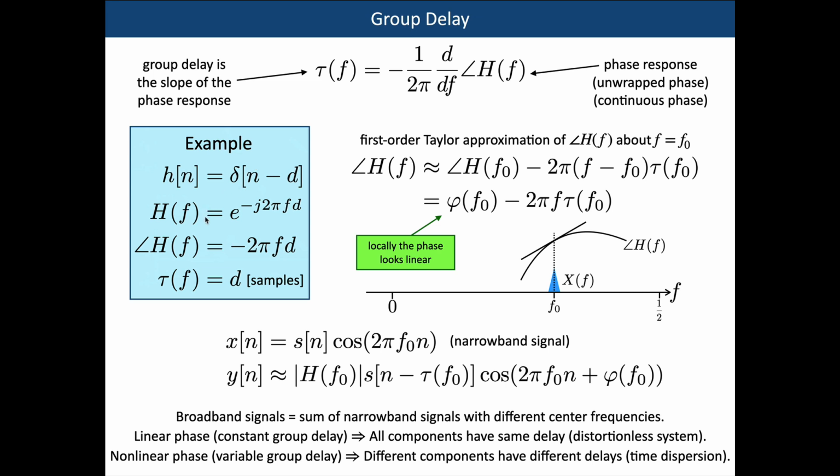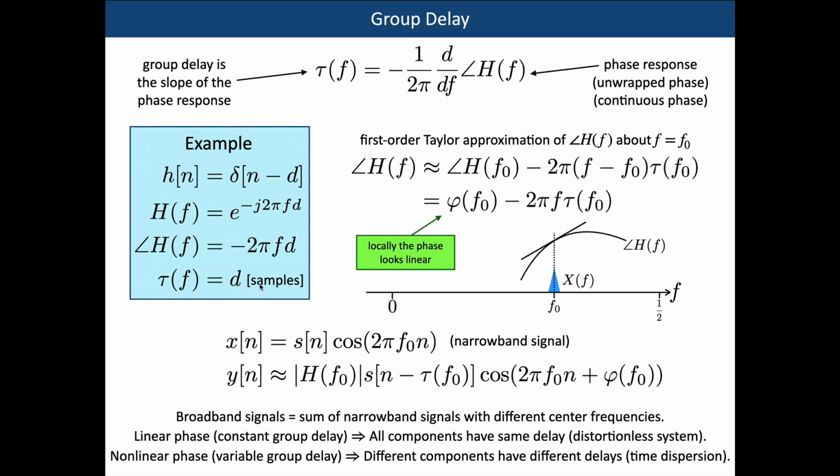The frequency response, if we calculate the Fourier transform, is e to the minus j2 pi f d. The phase response of the system would just be minus 2 pi f d. Plugging into this derivative definition, we calculate the group delay as just d samples.